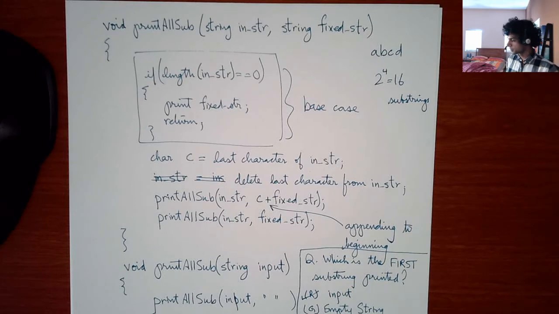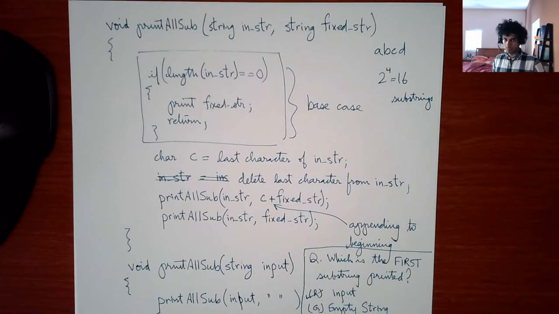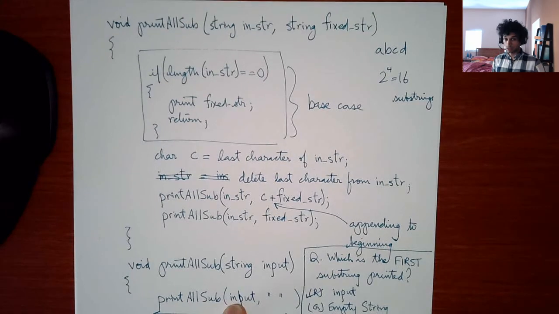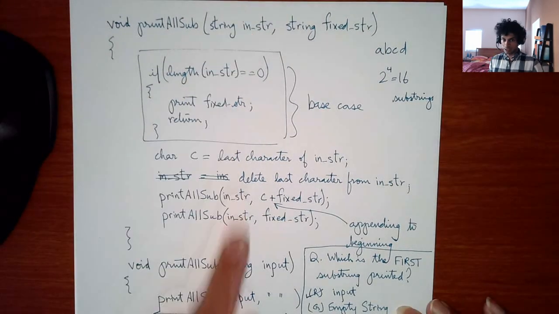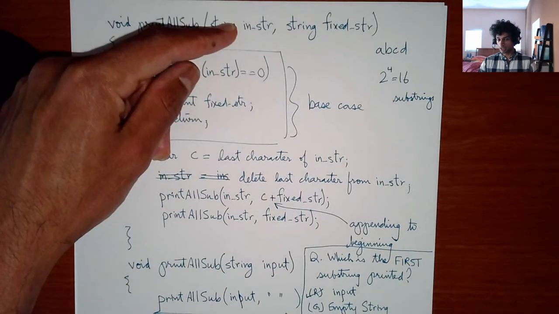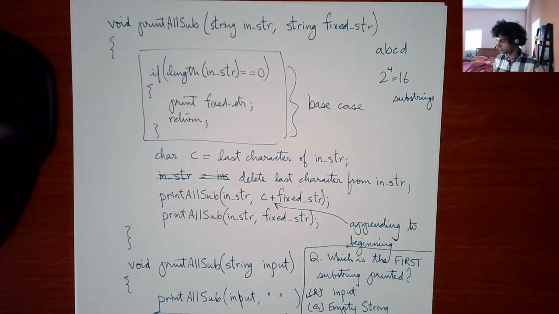Yes? Regarding the input for print all sub, shouldn't the quote space quote be the first parameter and the second one just be a fixed empty string when you're calling this? No, actually the first argument is the input. The second argument is the empty string. The question is, what is defined as that input?